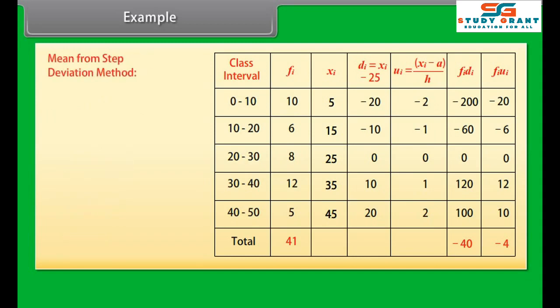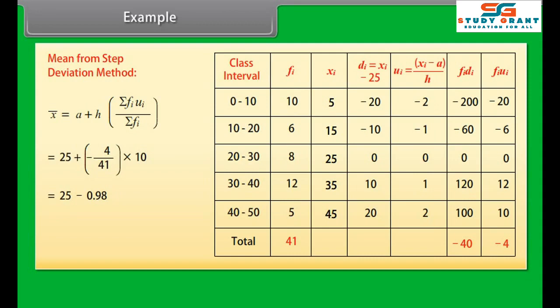After this, we find the mean using step deviation method by using the formula assumed mean plus h multiplied by summation of the product of fi and ui divided by summation of fi. 25 plus minus 4 by 41 multiplied by 10. 25 minus 0.98.